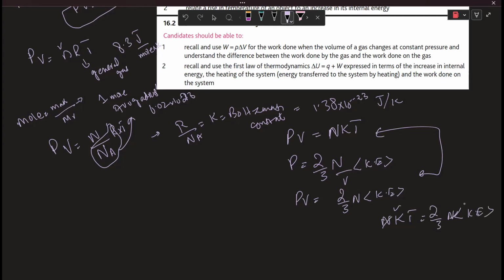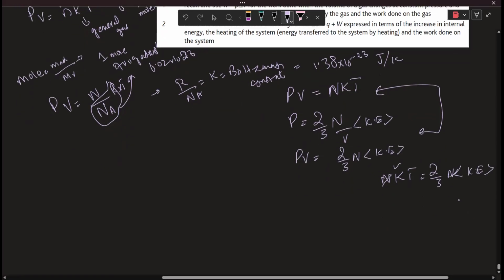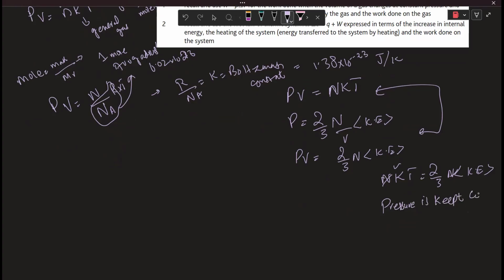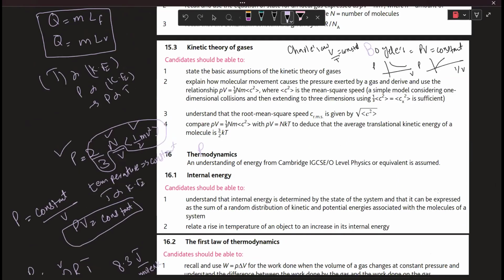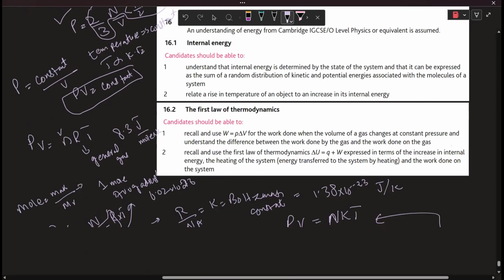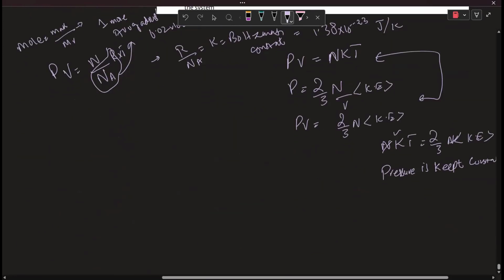K is constant. And what does Charles law tell us? If pressure is kept constant. Yes Sir, what is Na? Avogadro's number. Okay. 6.02 × 10⁻23.